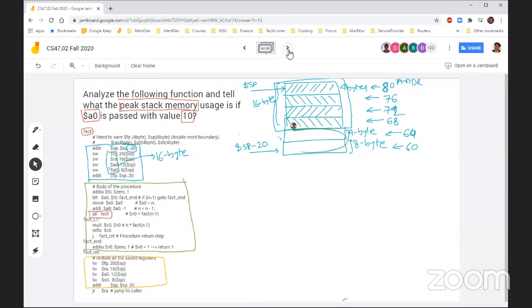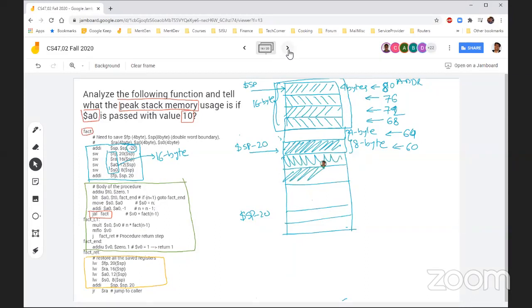Now, what happened to the next frame creation on the recursive call? So the next frame creation would do the same thing, right? It basically moves the stack pointer by 20. Then fill up the variable at this point, then the second variable, then the third variable, then the fourth variable.